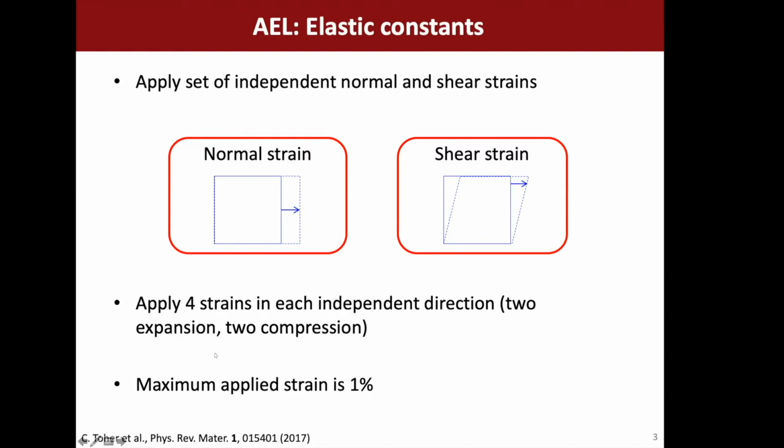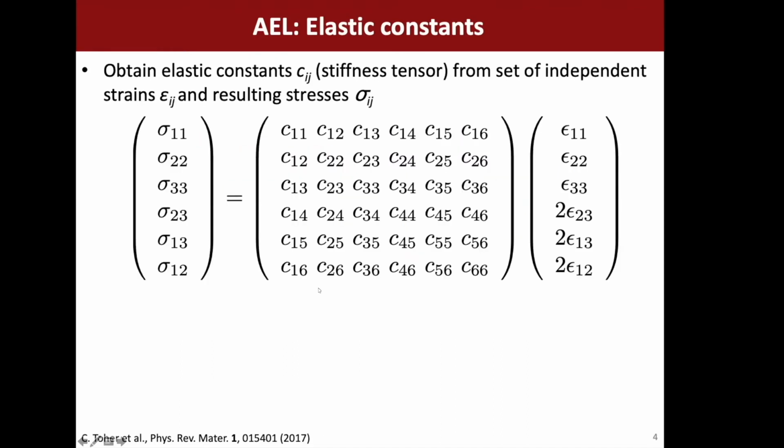Then what you obtain is what's called the elastic constant, the elastic stiffness tensor. In practice, this is actually a 3 by 3 by 3 by 3 matrix, but it has certain symmetries which allow it to be represented as essentially a 6 by 6 matrix.